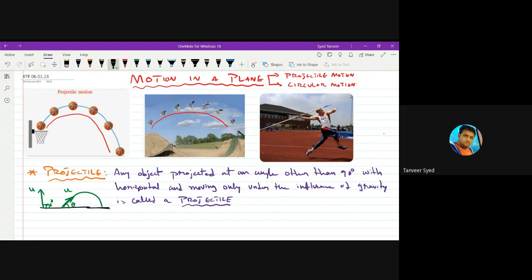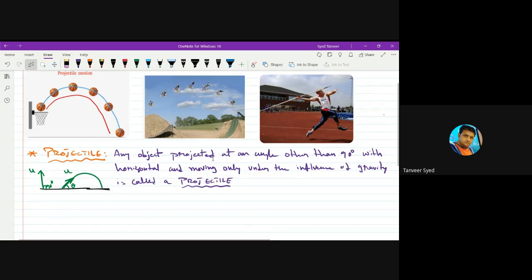It follows a path like a basketball, like this biker doing a stunt, or the javelin, or the shot put, or the football that you kick, or an arrow which is released, or a bullet which is fired from a gun. All these follow paths like this. We can treat all these things as projectiles.